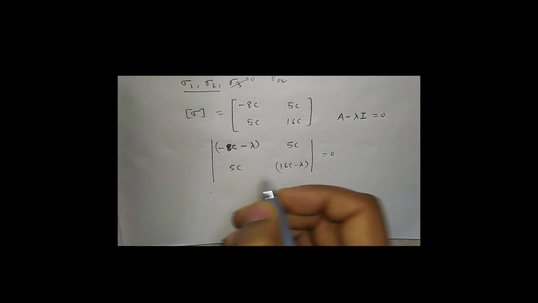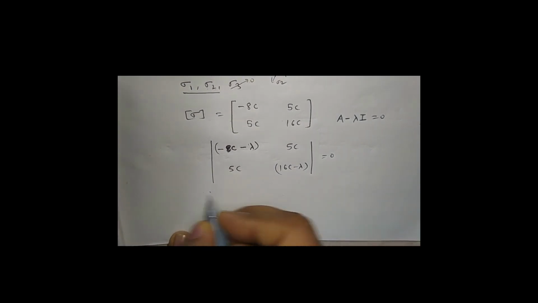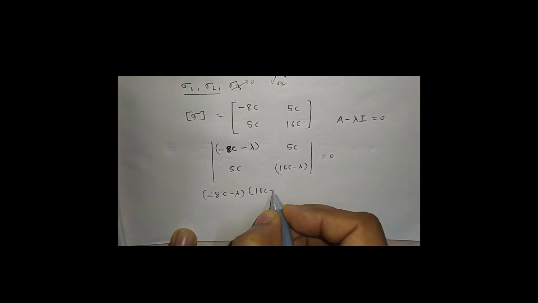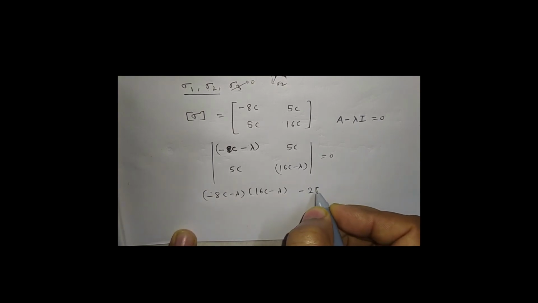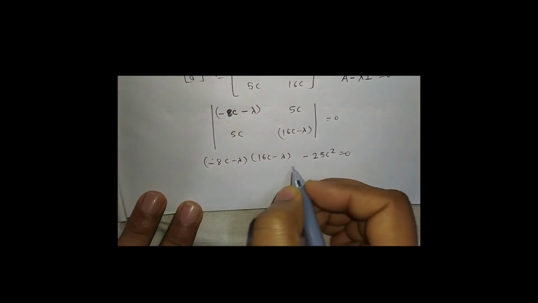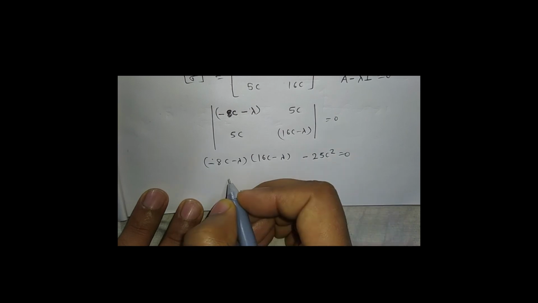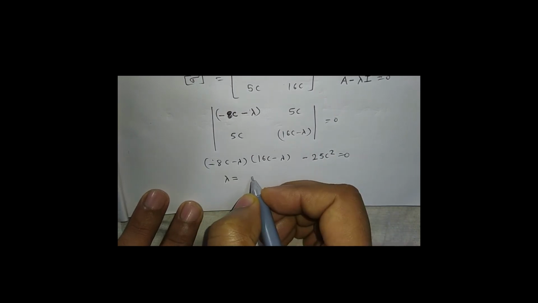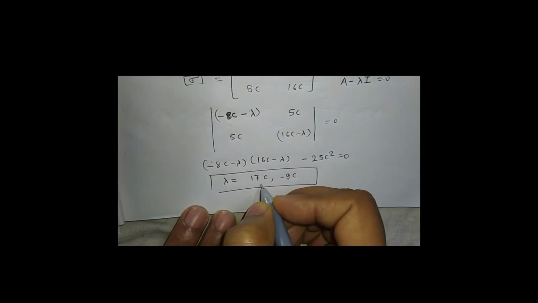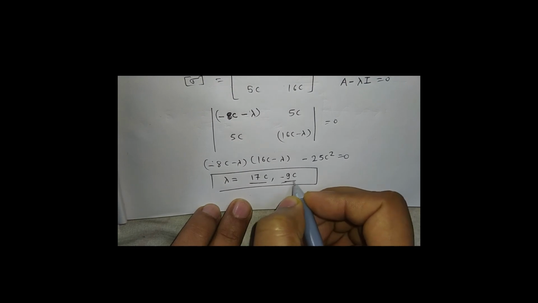Now we have to find the value of lambda. After solving for lambda, we will get the values 17c and -9c. The values of these lambda are the principal stresses.